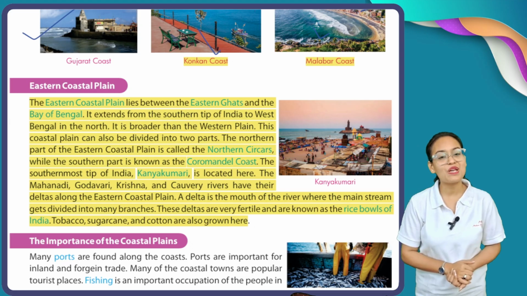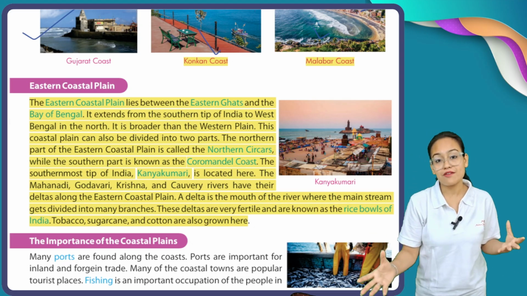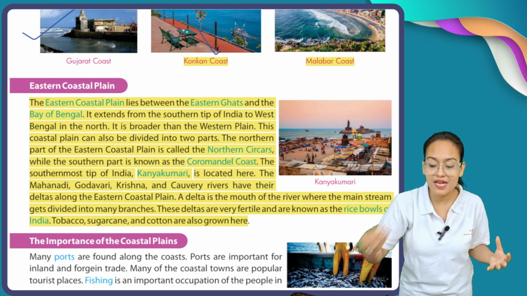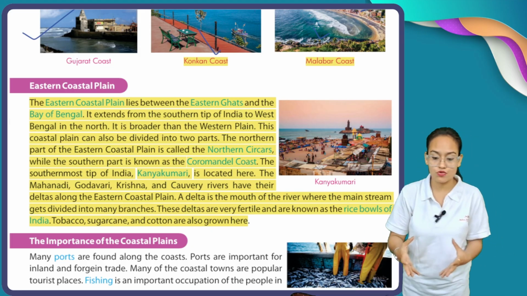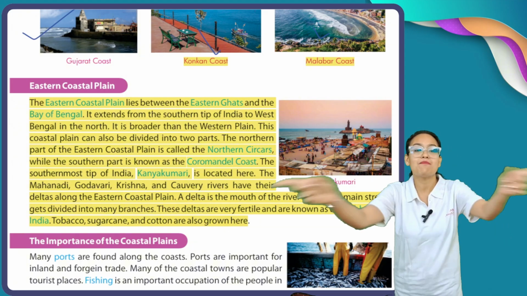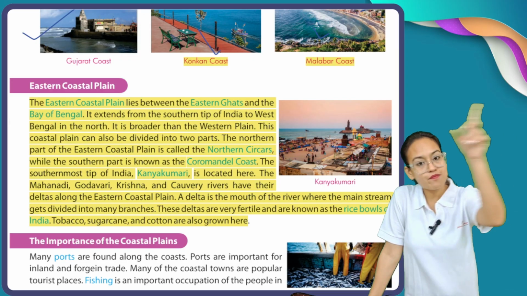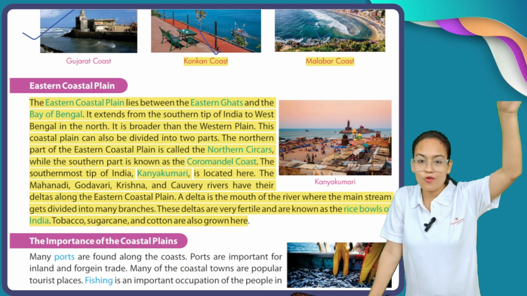Now what is the meaning of delta? Delta means the mouth of the main river, which is divided into many parts. Like the Ganga and Brahmaputra, the main rivers of northern India.